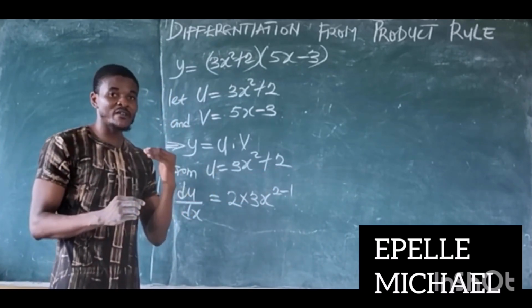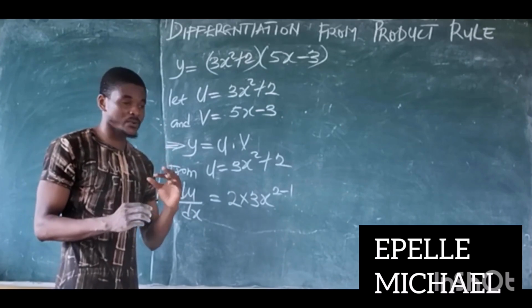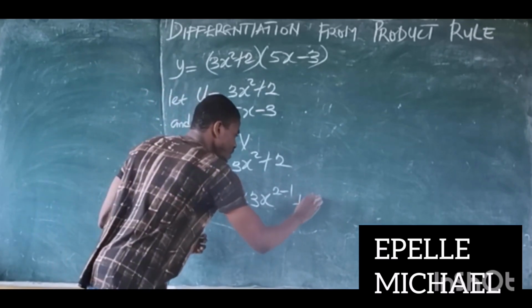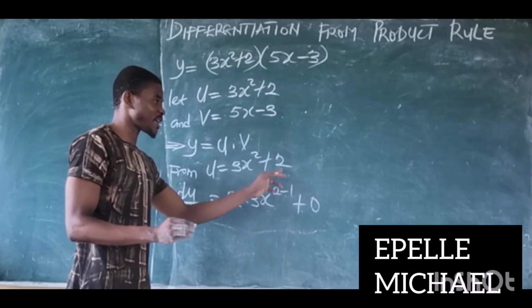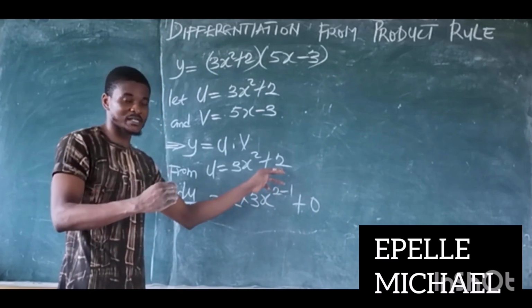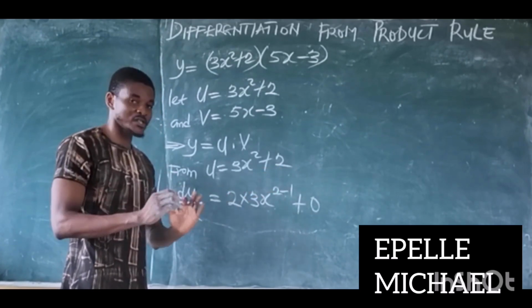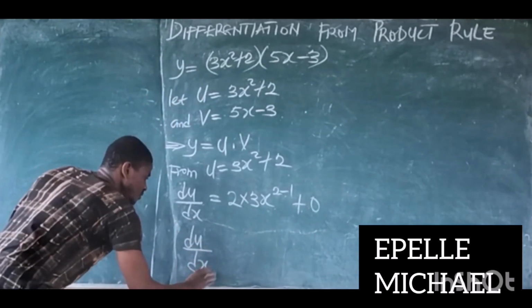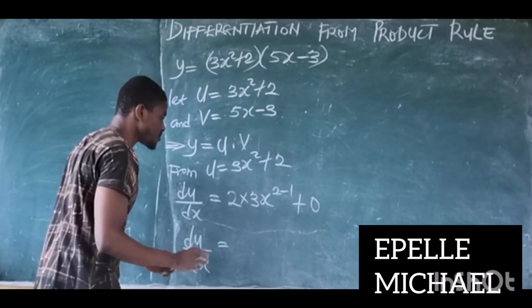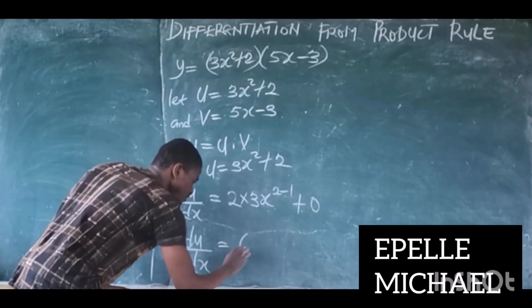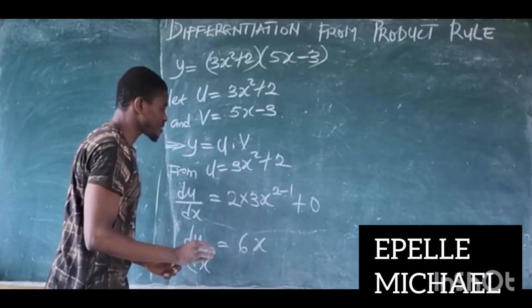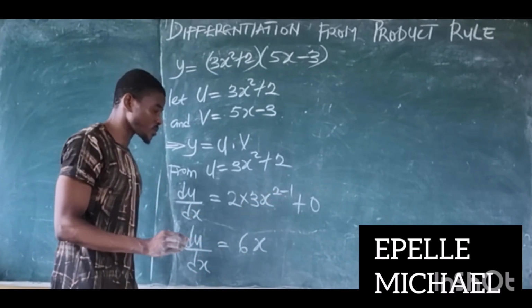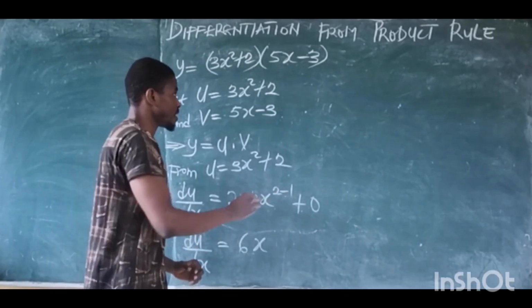The derivative of every constant is simply 0. So I'll simply have plus 0, because there is no variable attached to 2, so it means 2 is a constant. So the derivative of 2 becomes 0. Alright, so du/dx is now equal to 2 times 3 is 6, x raised to the power of 2 minus 1, which is simply 1. So this is du/dx.